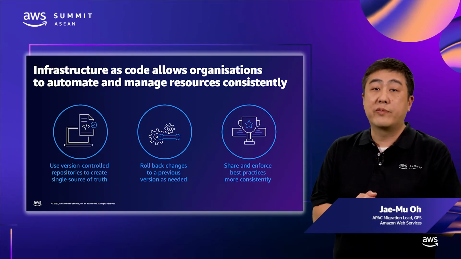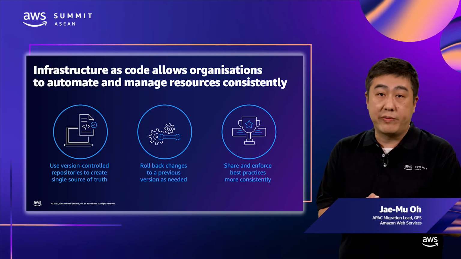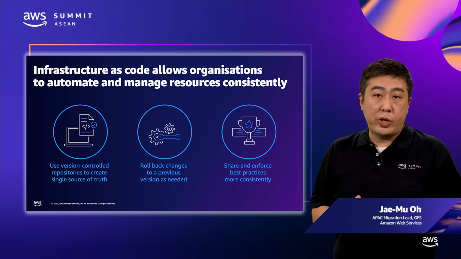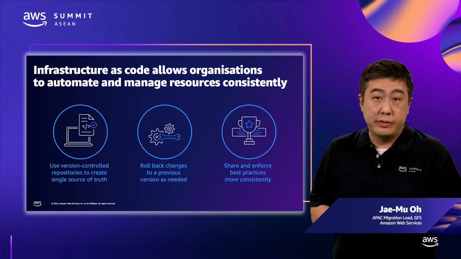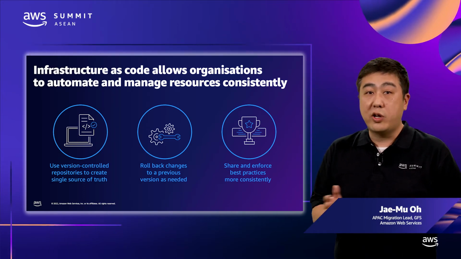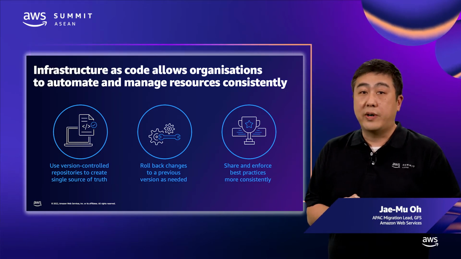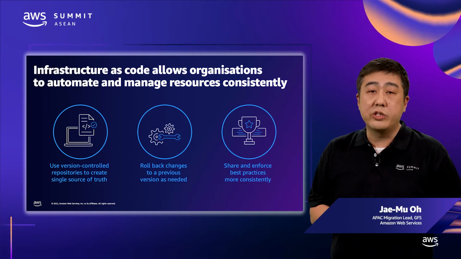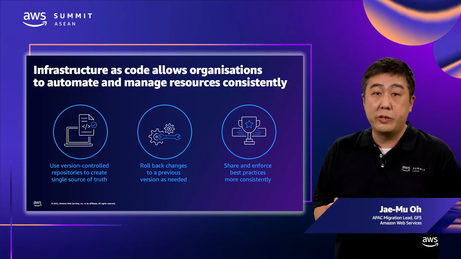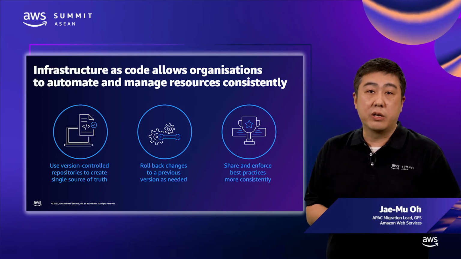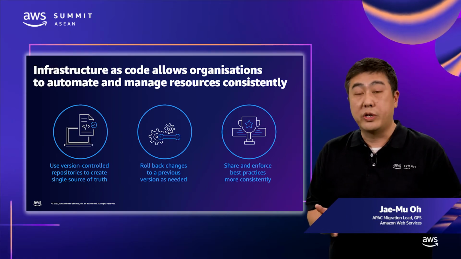They can host infrastructure definitions in version control repositories, creating a single source of truth and capability to share and enforce best practices, and the capability to roll back changes to an earlier version. Changes to definition files can take advantage of continuous integration and continuous deployment in concert with the application code to keep environments synchronized with infrastructure as code changes.